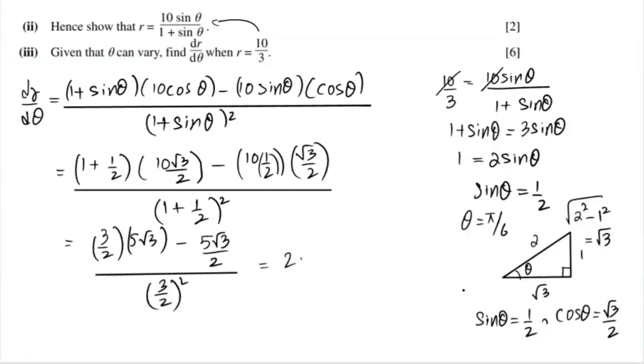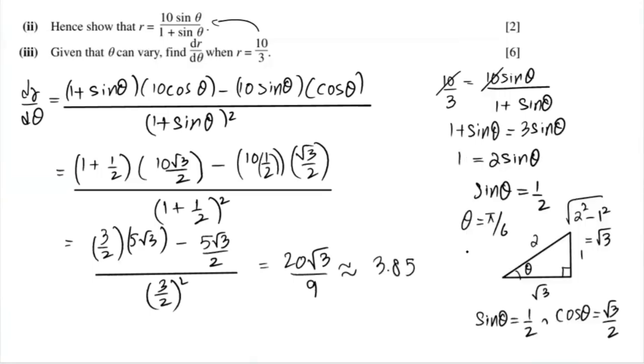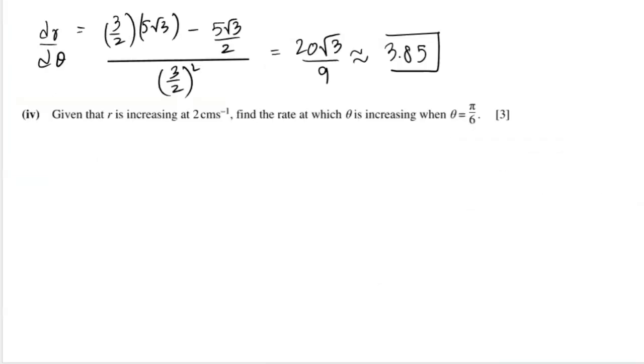So this is 20 root 3 divided by 9, or if you want to give a 3 significant figure answer, you can just write 3.849, which is 3.85.